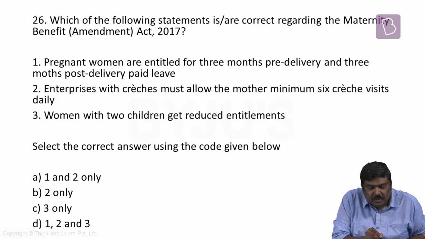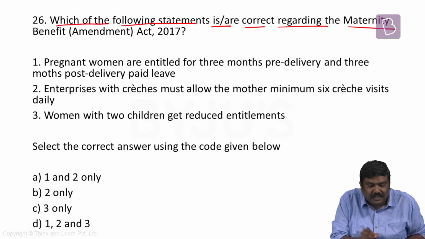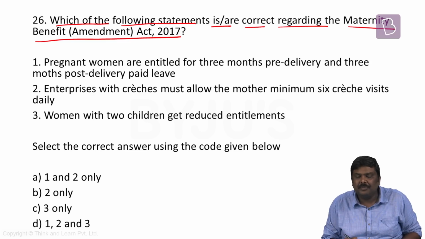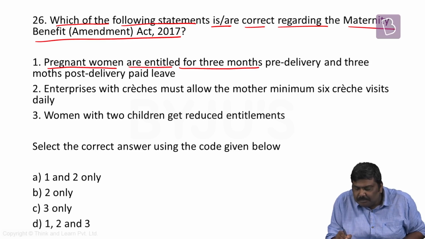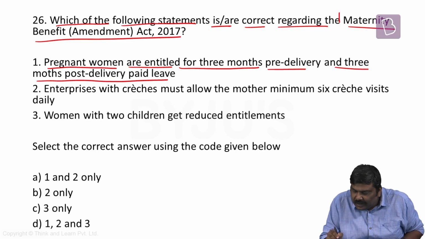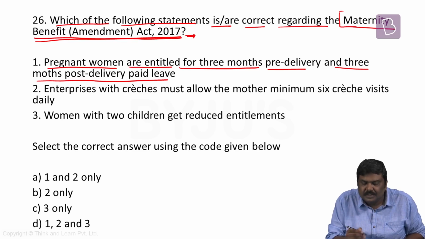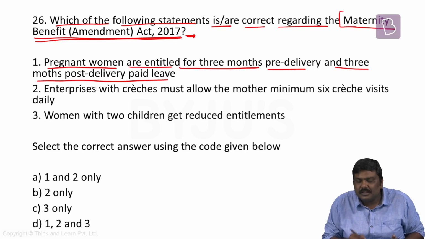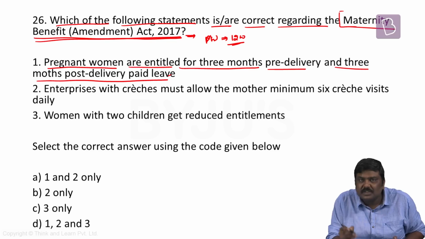Question number 26. Which of the following statements is or are correct regarding the Maternity Benefit Amendment Act 2017? First point, pregnant women are entitled to 3 months of pre-delivery and 3 months of post-delivery paid leave. If you know anything about the Maternity Benefit Act, the most important point is the increase in paid leave for pregnant women from 12 weeks, which was given earlier, to 26 weeks.